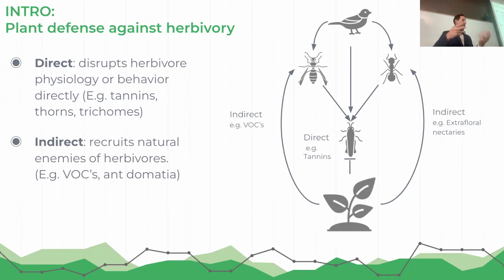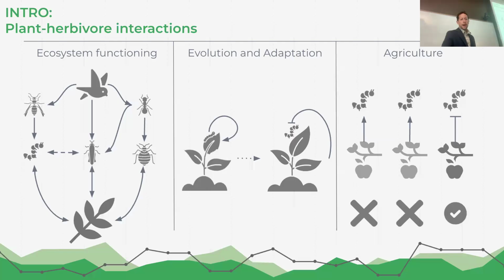Once the ants are there, they would then defend the plants against herbivores. These are the two main avenues of research in the plant defense world. That really shaped a lot of the questions that we sought to address.